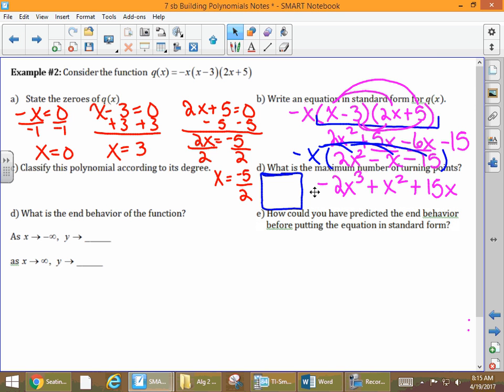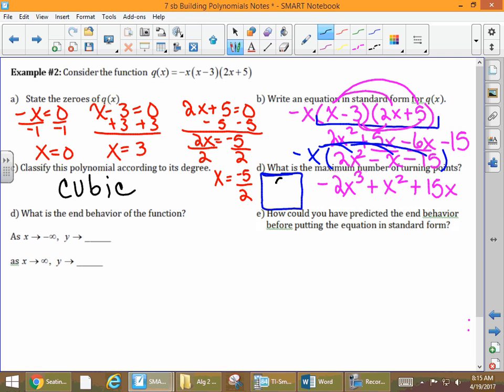Now that we've got our standard form, how do we classify this polynomial according to its degree? It is cubic. Our highest value is 3. And what is the maximum number of turning points a cubic polynomial can have? 2, one less than our degree.